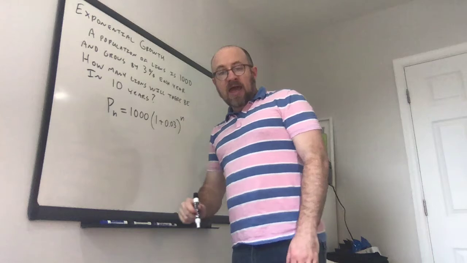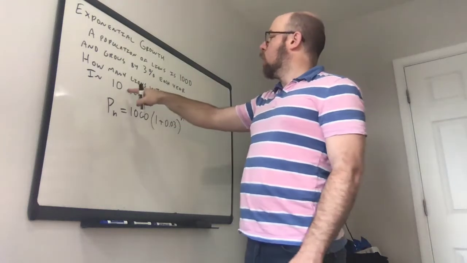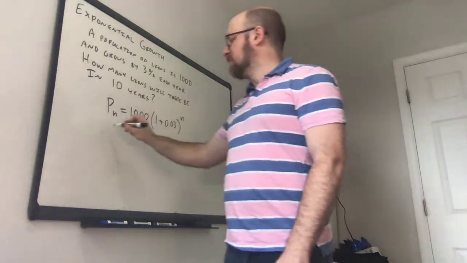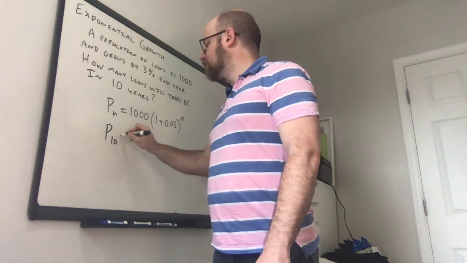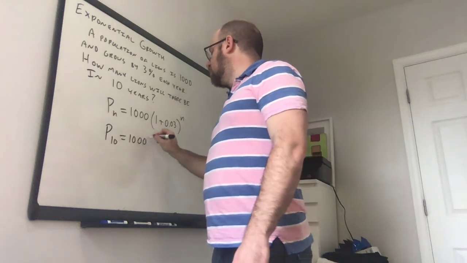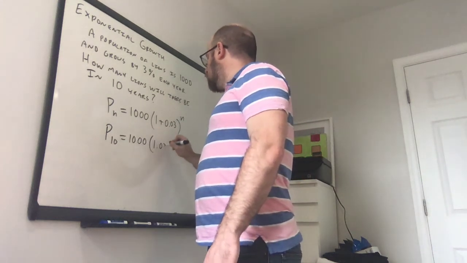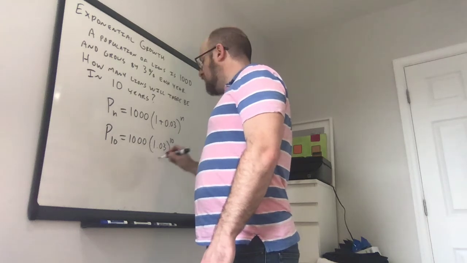Okay? And so if we want to know how many lions will there be in 10 years, that's P sub 10 equals 1,000 times 1.03 to the 10th. And that's very easy to solve.